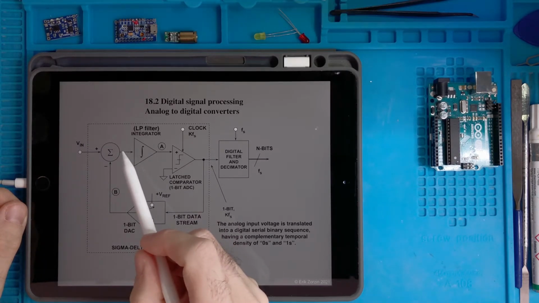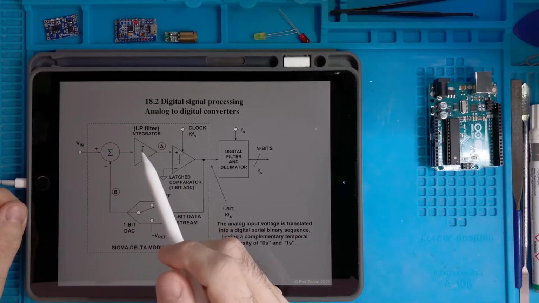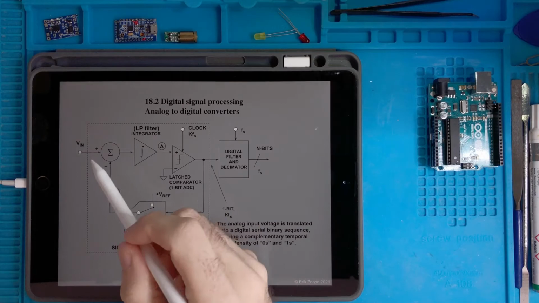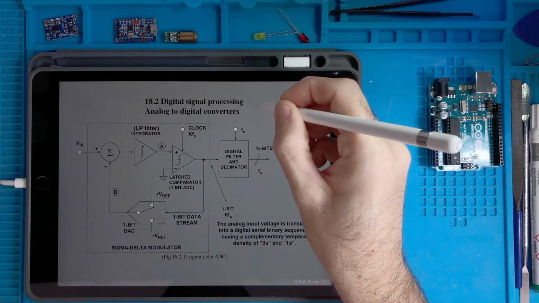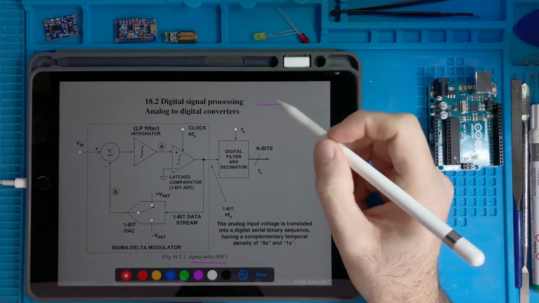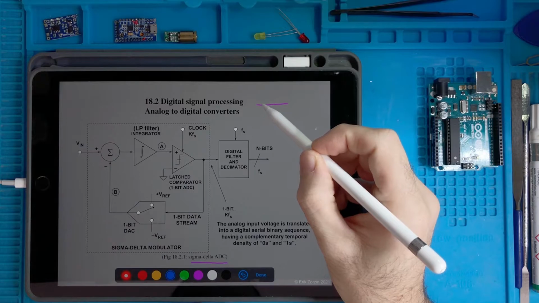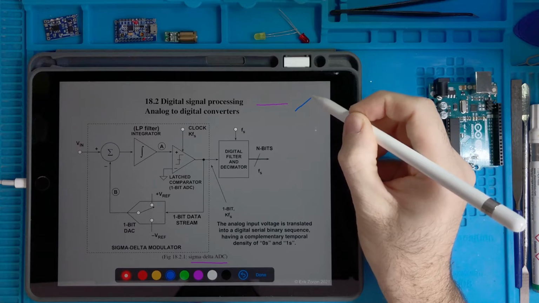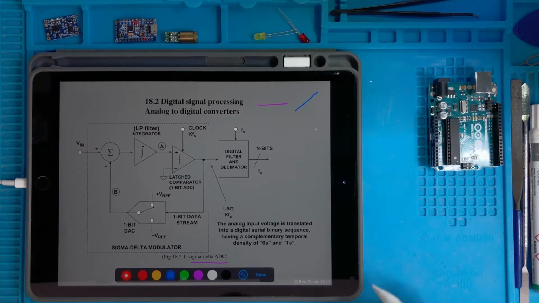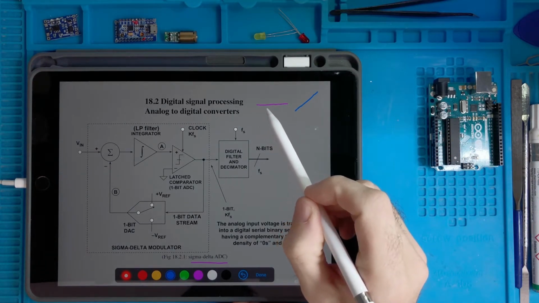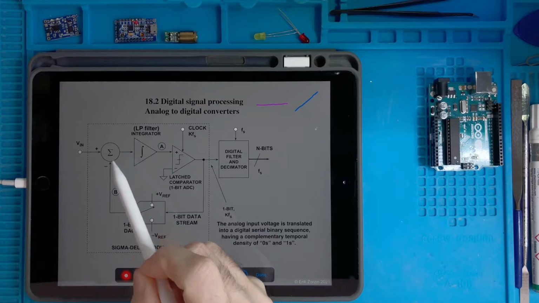Then this value passes through a thing which is called the integrator, which basically is a low pass filter. Let's say that the signal here is a constant. Then if you integrate a constant in time, you have to summate this value plus the subsequent one plus the subsequent one, so it creates a signal that goes up like this or down according to the sign of the values present in this signal here.